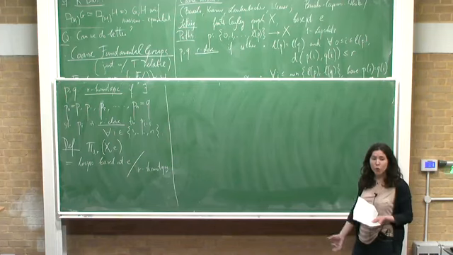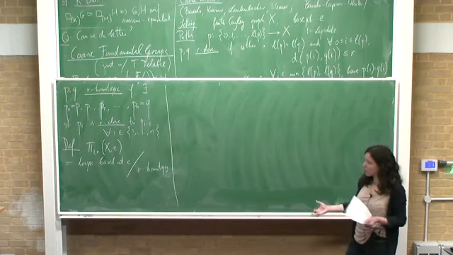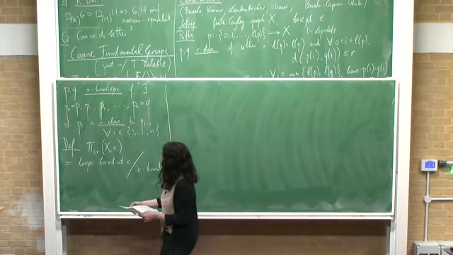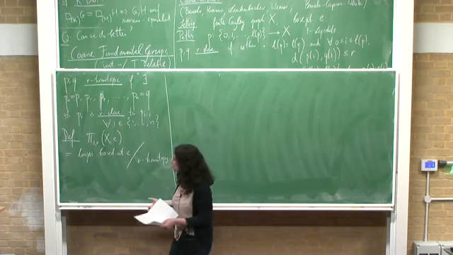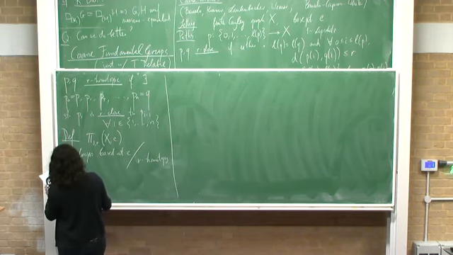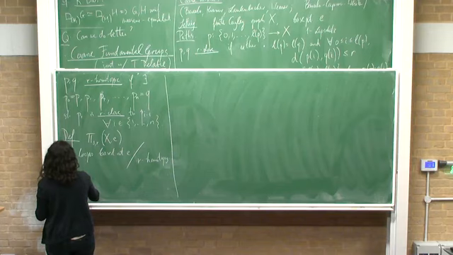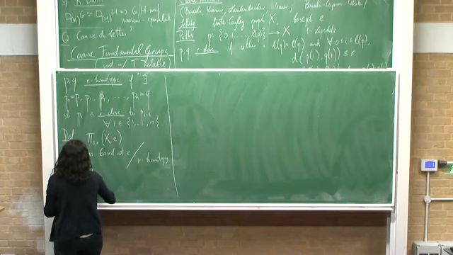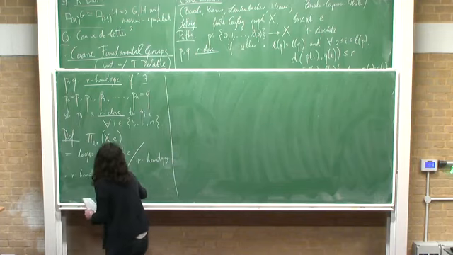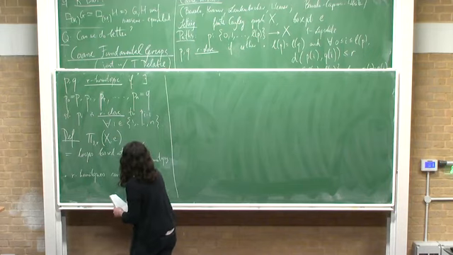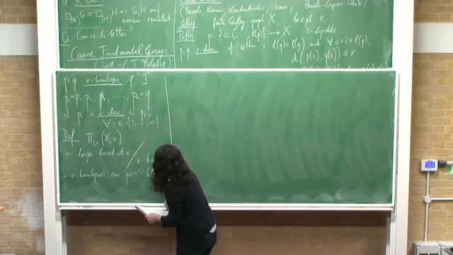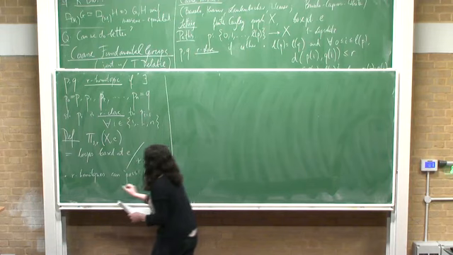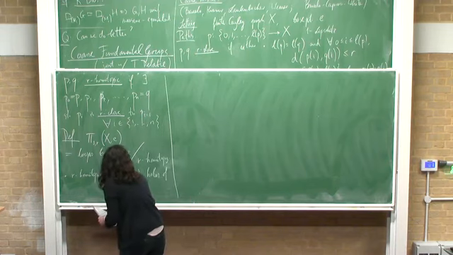This allows us to jump over small loops. On the scale R, we can actually jump over loops of length 2R. These loops will be trivial in our fundamental group. So our homotopies can pass over holes of size 2R.